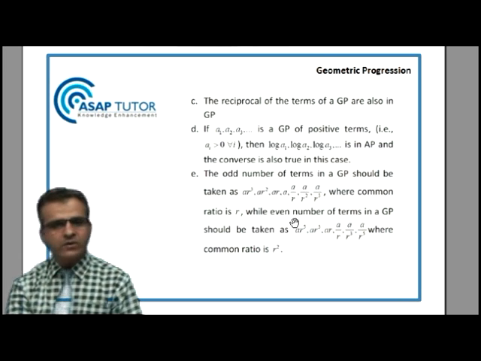For example, if we want to take 3 numbers, it will be AR, A, A by R. If we want to take 5 numbers, it will be AR square, AR, A, A by R, A by R square. But if we want to take an even number of terms in a GP, we always take them as AR^5, AR cube, AR, A by R, A by R cube, A by R^5, and so on.